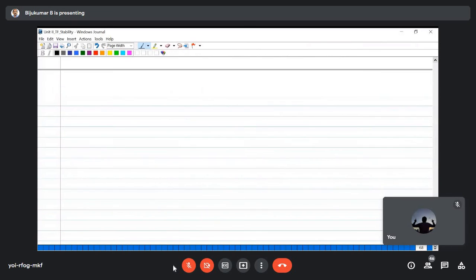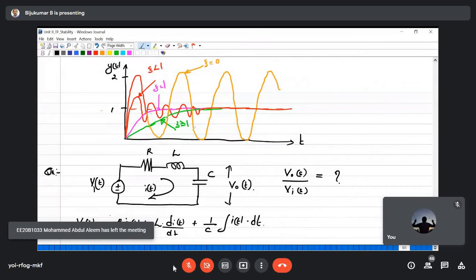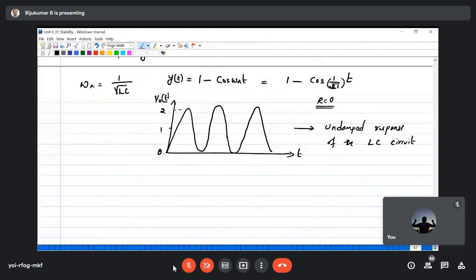What waveform are you expecting? Now we have drawn the voltage across the capacitor, right? I want to find the current through the inductor. You can do it, but you will get the same result only. It will be oscillating only, right? Anyway, you do the analysis and check whether it is like that or not. Okay.